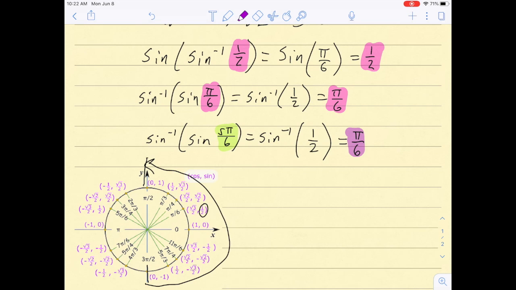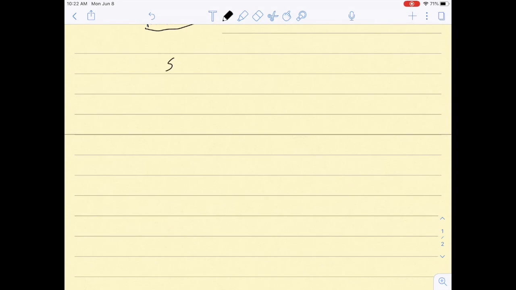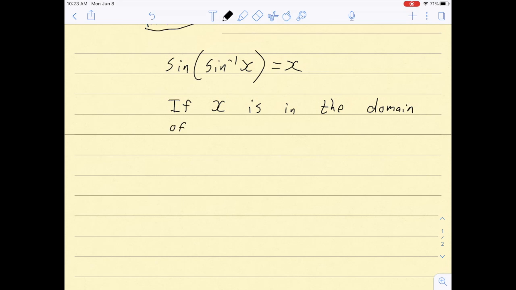So, if the argument of your trig function, the number inside, is in the domain of the inverse function, then it's true that sine of the inverse sine of a number, you just have to take the number, if x is in the domain of inverse sine.